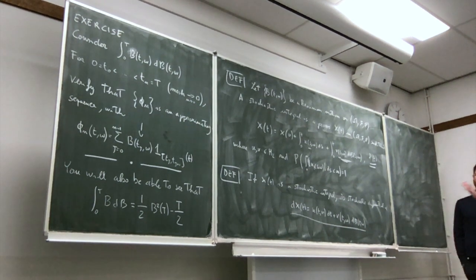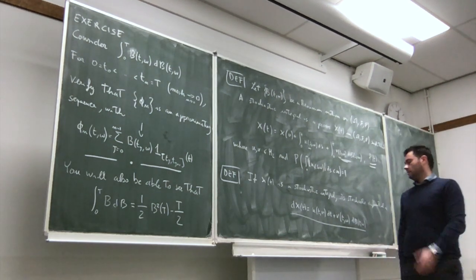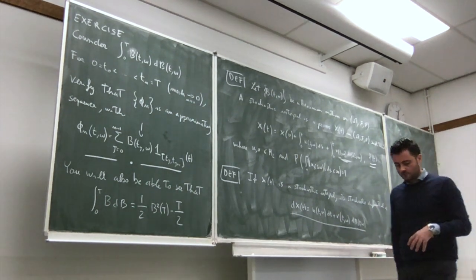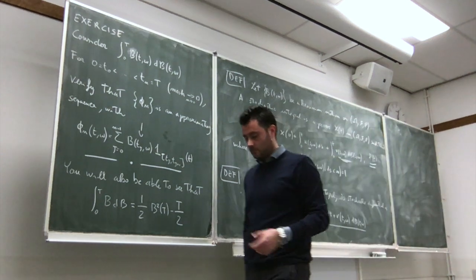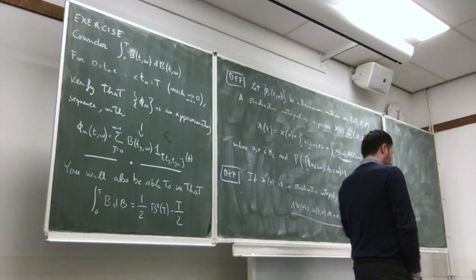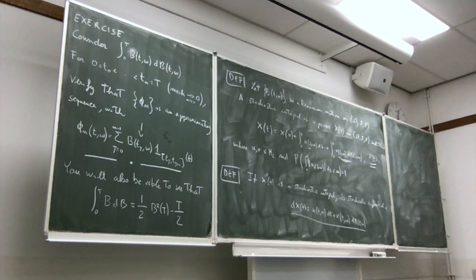So once we have the definition of stochastic integral and stochastic differential, essentially we have all we need to introduce the Ito formula, the Ito-Doeblin formula. The Ito-Doeblin formula, as I told you, is this sort of stochastic counterpart of the chain rule.